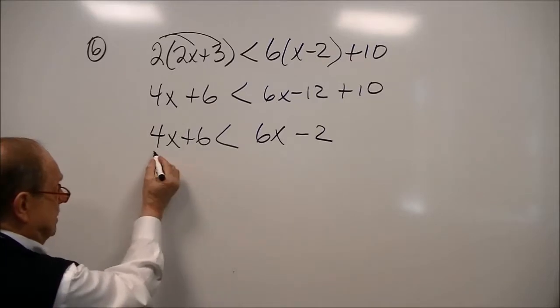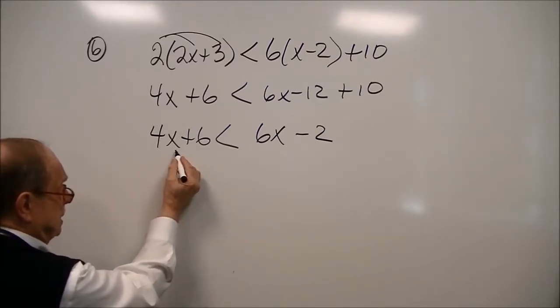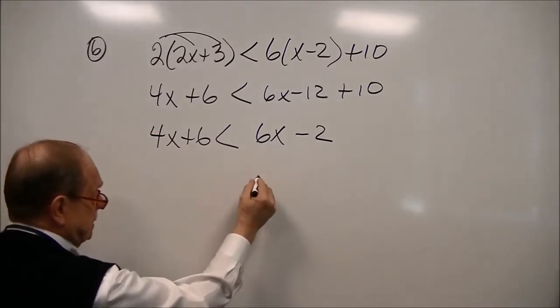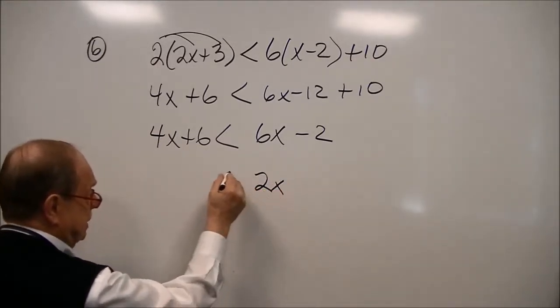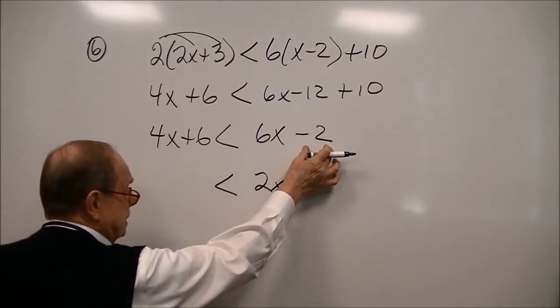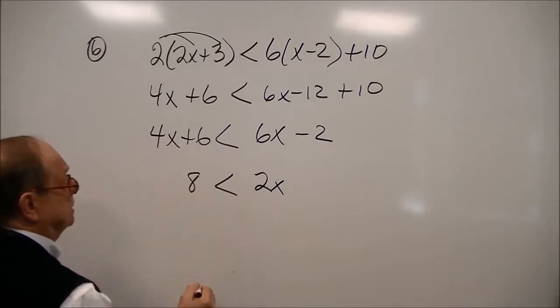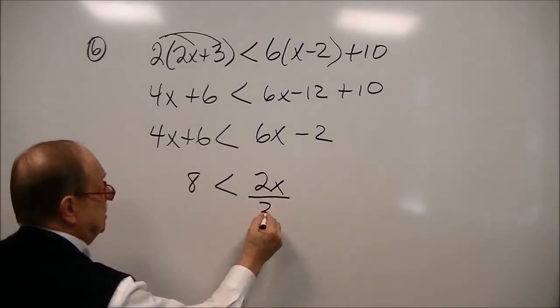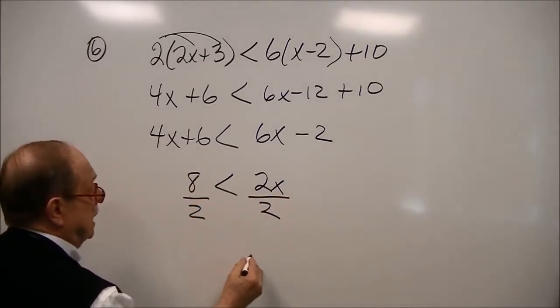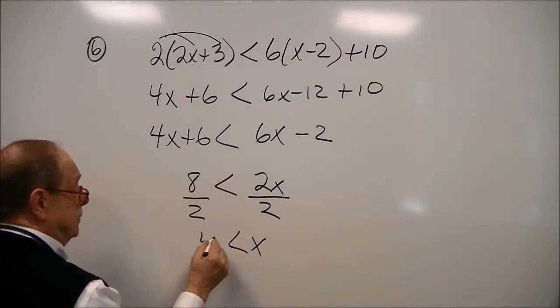So watch what happens. I'm going to subtract 4x from this side, 4x from this side. This gives me a positive 2x. I'm going to add 2, add 2, I get an 8. Now, when I divide by 2, I get x, reading it this way, is greater than 4.